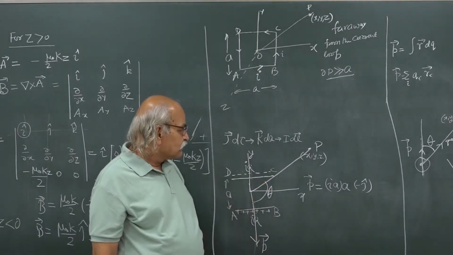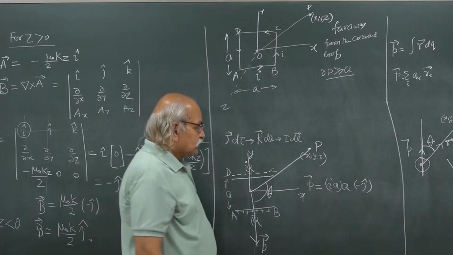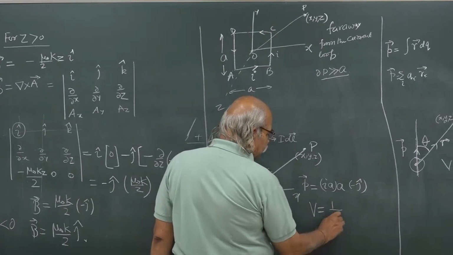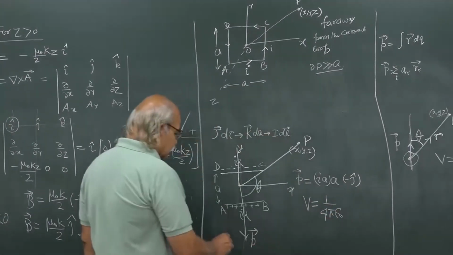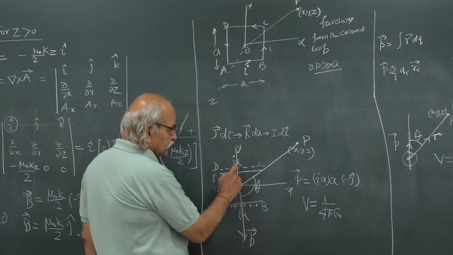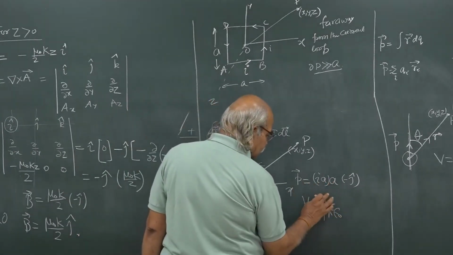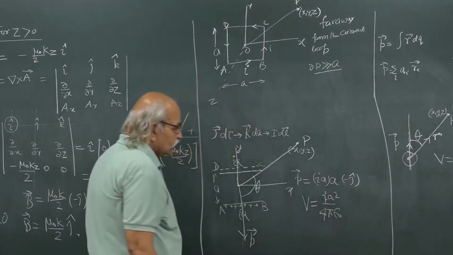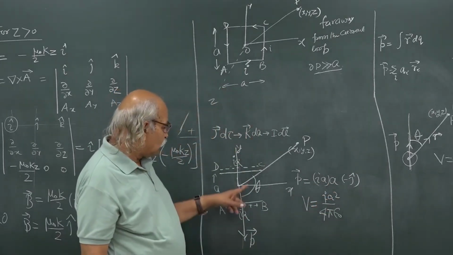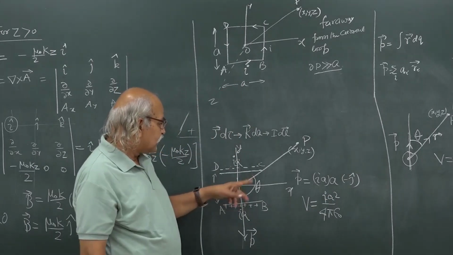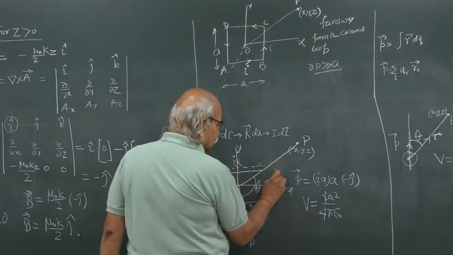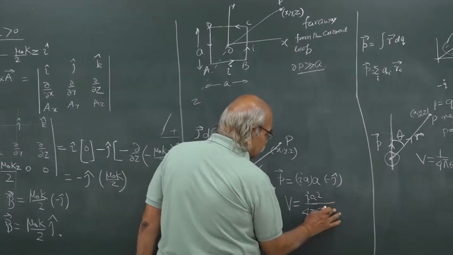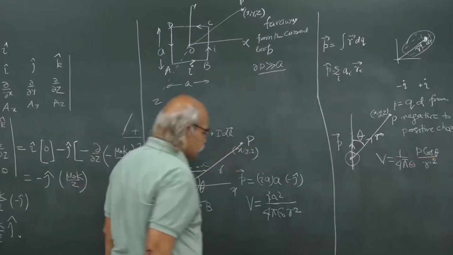With this theta you will be writing the potential. The potential will be 1 by 4 pi epsilon naught, then P is I A square, so the magnitude is I A square, and then cos theta, and here it will be r square.